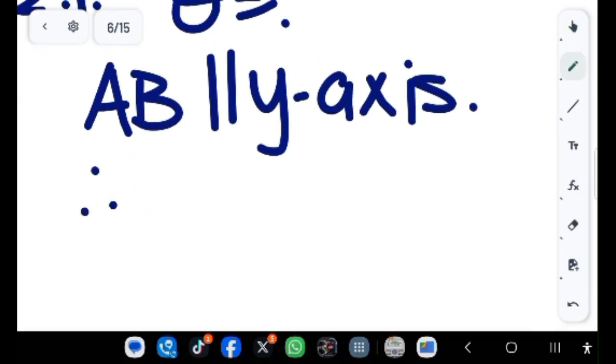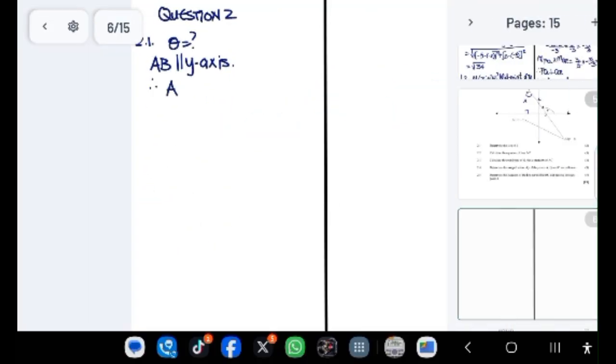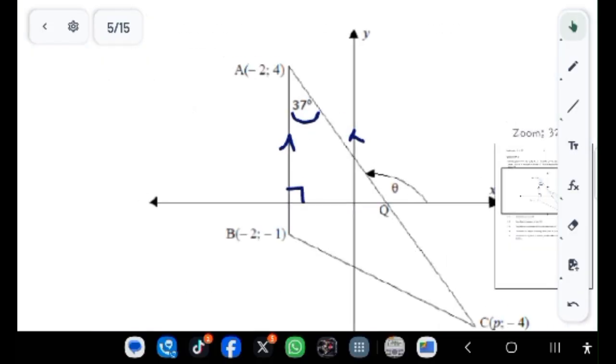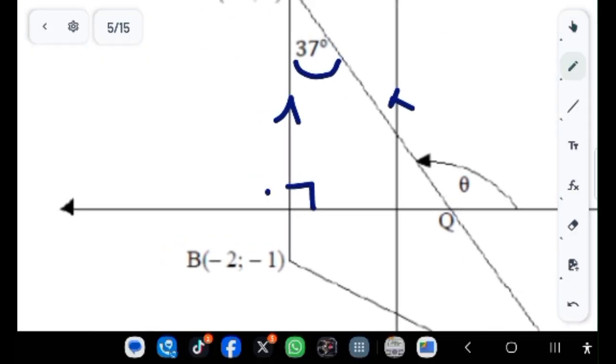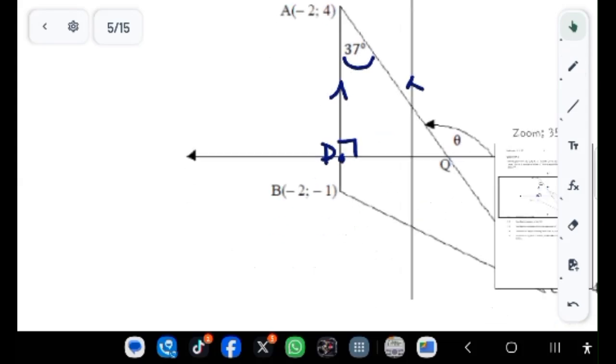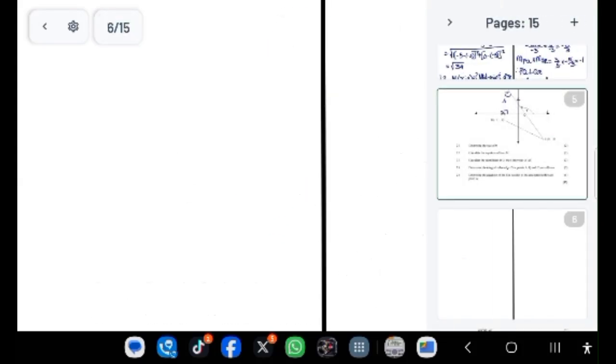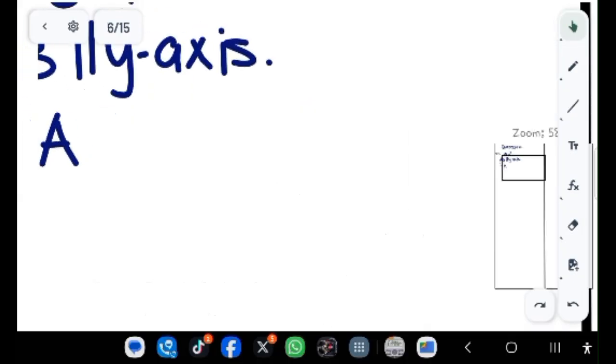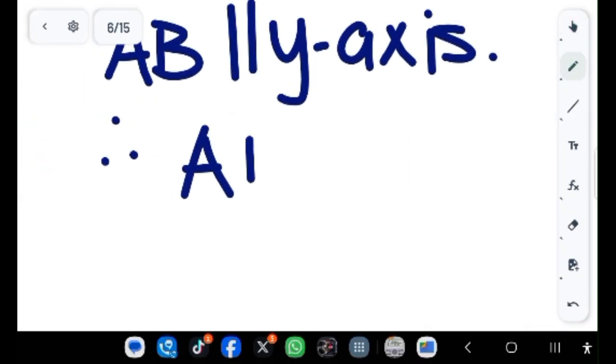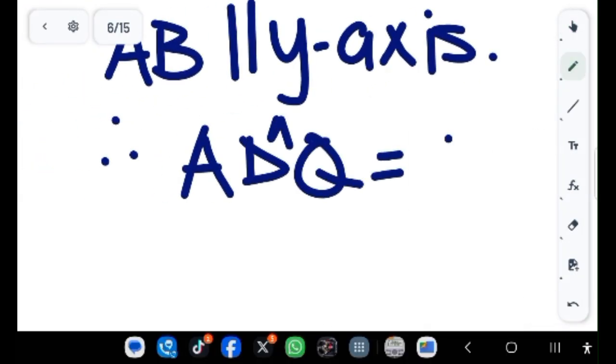Therefore, let's call this point D. Angle ADQ will be equal to 90 degrees. Therefore, angle ADQ equals 90 degrees.